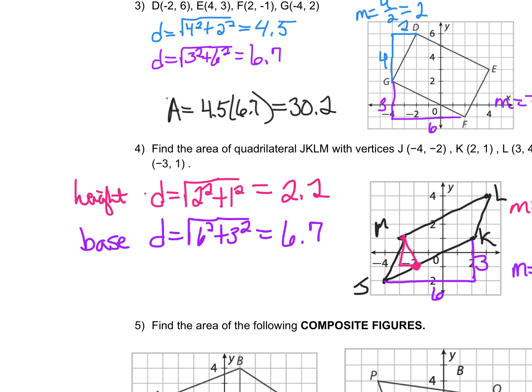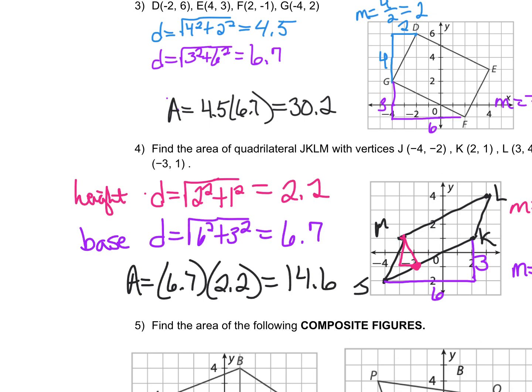And so then area is base times height. And I get 6.71 times 2.2, 14.6. Okay.